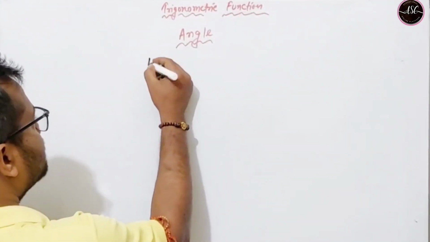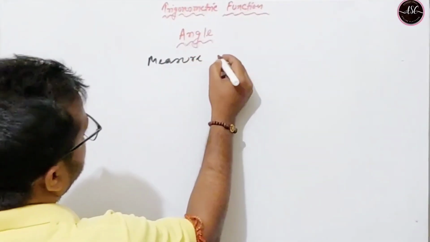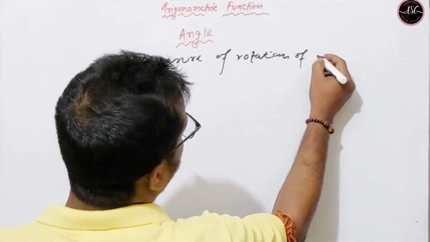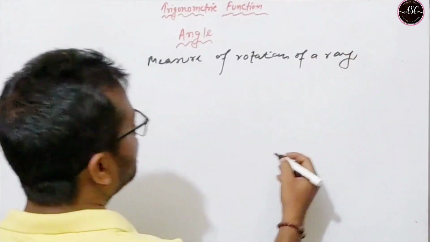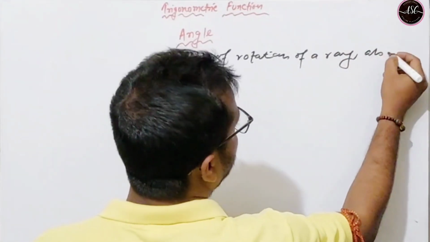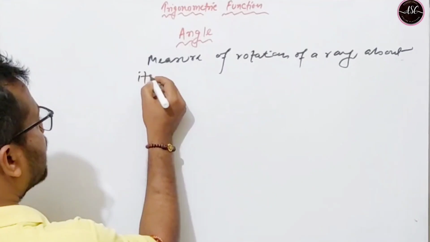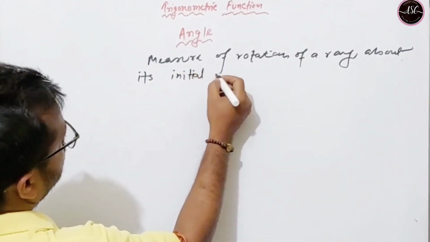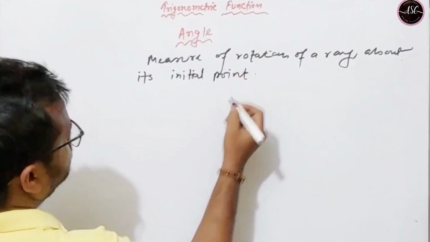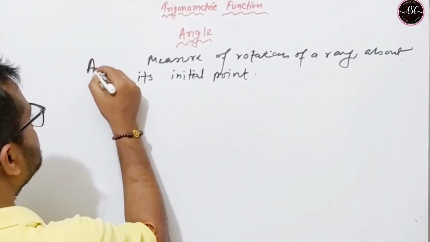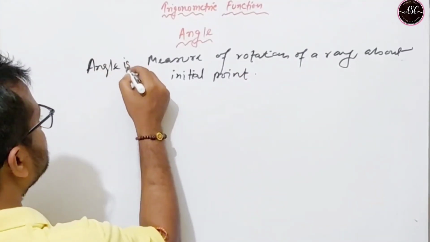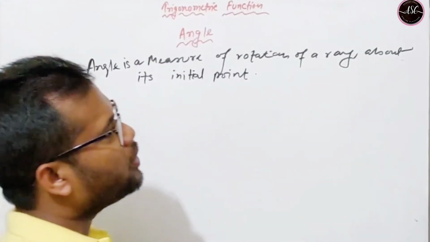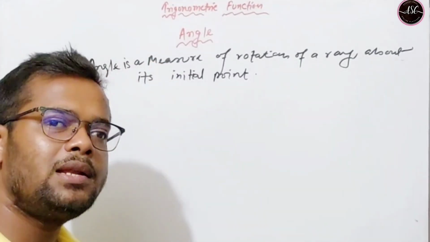Angle is the measure of rotation of a ray about its initial point.